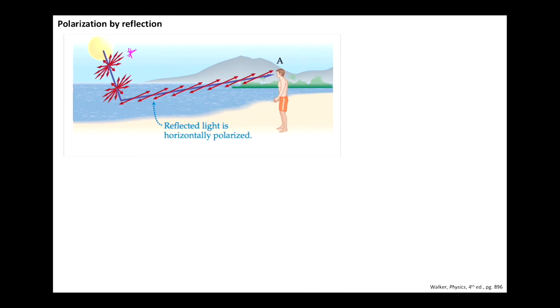It's only the horizontal components that can bounce because, well, they don't have sharp arrows pointing down. It's kind of bad, but it helps you remember what's going to happen, okay? So all of the components that point into the water don't reflect. Instead, they transmit into the water or maybe just stay there completely. And you end up with horizontally polarized light that's reflected off the surface and into your eyes, okay?